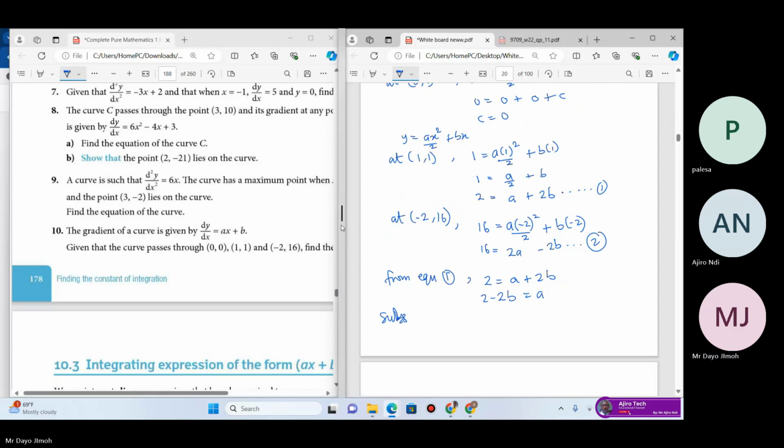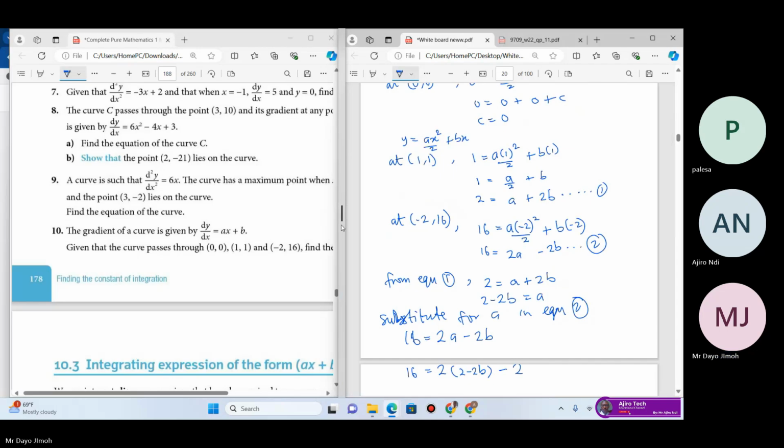Substitute for A in equation 2. Equation 2 is 16 equal to 2A minus 2B. So that is 16 equal to 2 into the previous value of A, 2 minus 2B, then minus 2B, right?